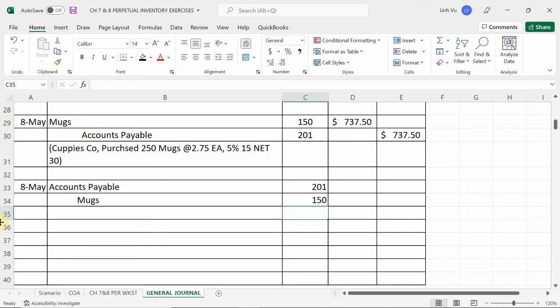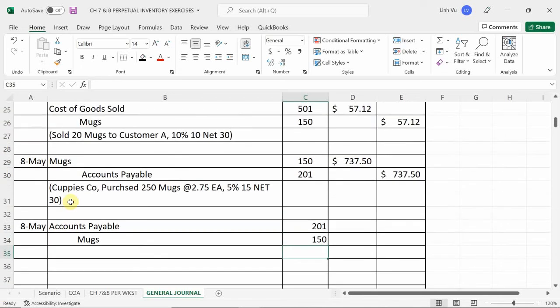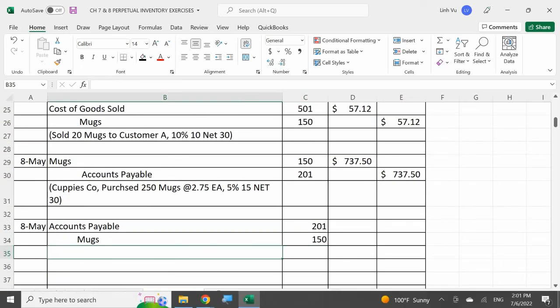Now, in this case, how would I be able to figure out what my discounted price is? Take the 50 times the 275, and then multiply it by the 15%. Good.